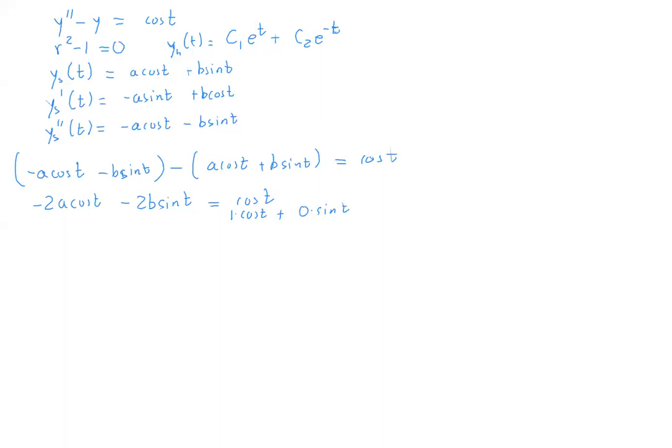And this should give you that minus 2A is equal to 1, and 2B should be equal to 0, which means that A is equal to -1/2, B is equal to 0. So the special solution I've been looking for is equal to -1/2 cosine t, right?